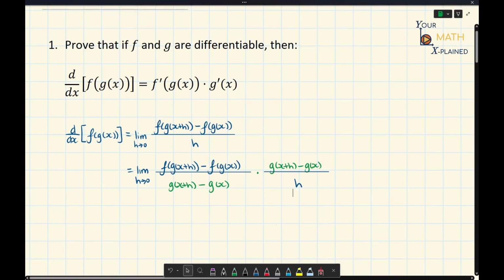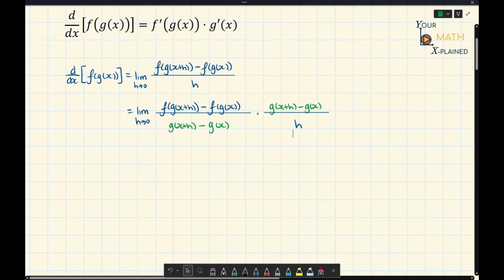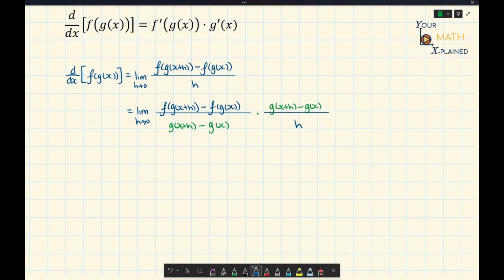And now because both f and g are differentiable, both of them are continuous. And the limit law says that we can split this up into two separate limits. The first one being the limit as h approaches 0 of f of g of x plus h minus f of g of x over g of x plus h minus g of x.